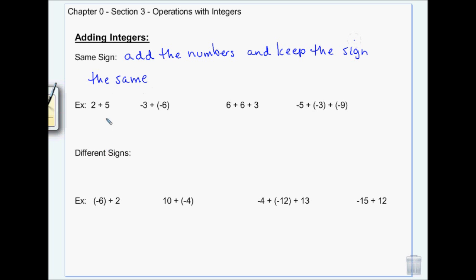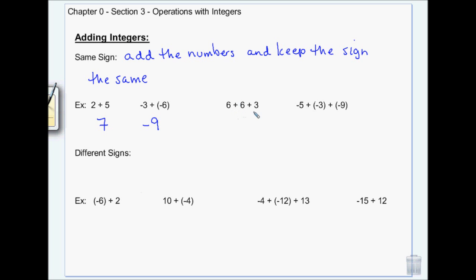Okay. This is never a problem with positives. You guys have that down. Positives are good. 2 plus 5? 7. Okay, negative 3 plus negative 6. -9. Yeah, you're going to say 3 plus 6 is 9, and it's negative, so you keep it negative.